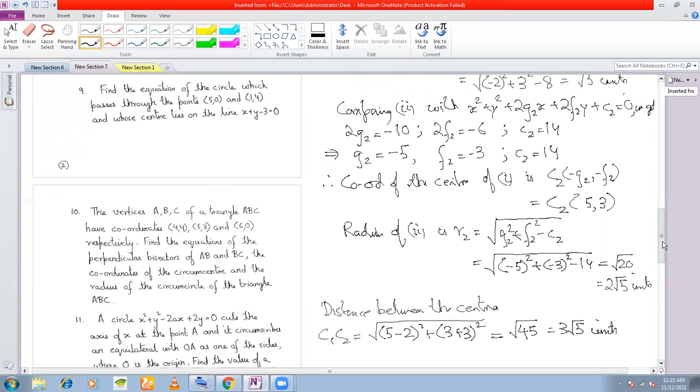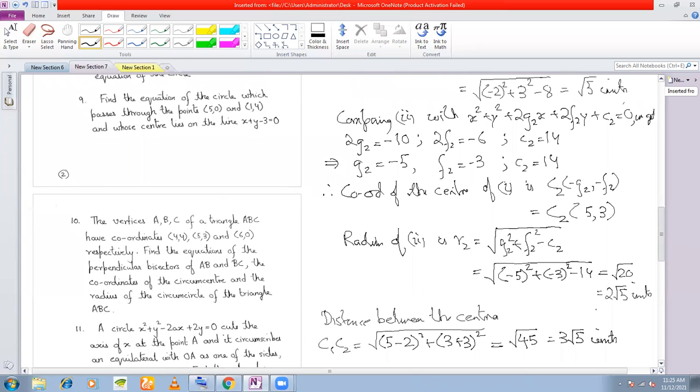Okay. So now you see that the distance between the centers is 3 root 5. Also the radii here are root 5 and 2 root 5. If you add the two, will you get 3 root 5? R1 plus R2? Yes, 2 root 5 plus root 5 is 3 root 5.